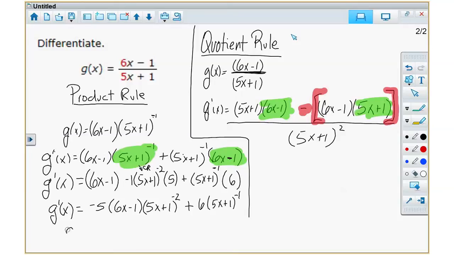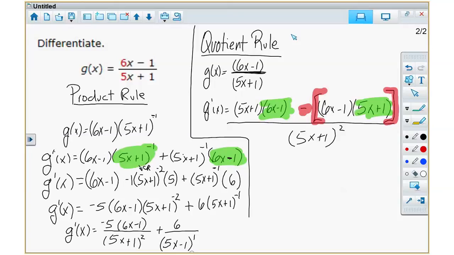So that's going to be g prime of x is equal to negative 5 times 6x minus 1 over 5x plus 1 quantity squared plus 6 over 5x plus 1 to the first power.